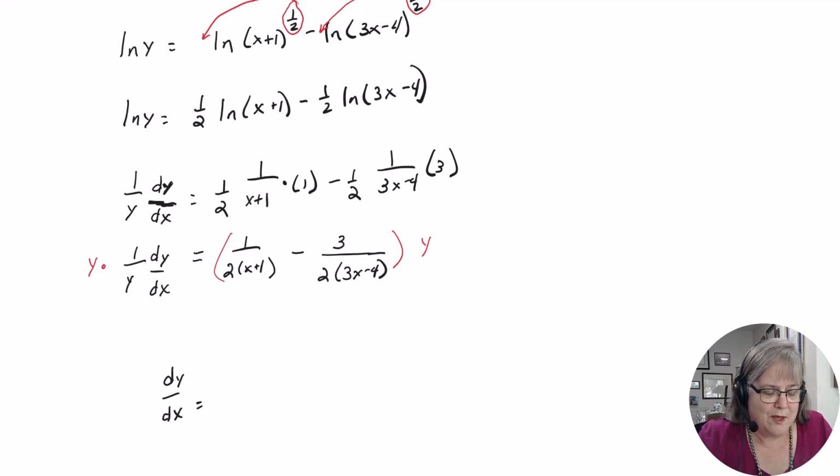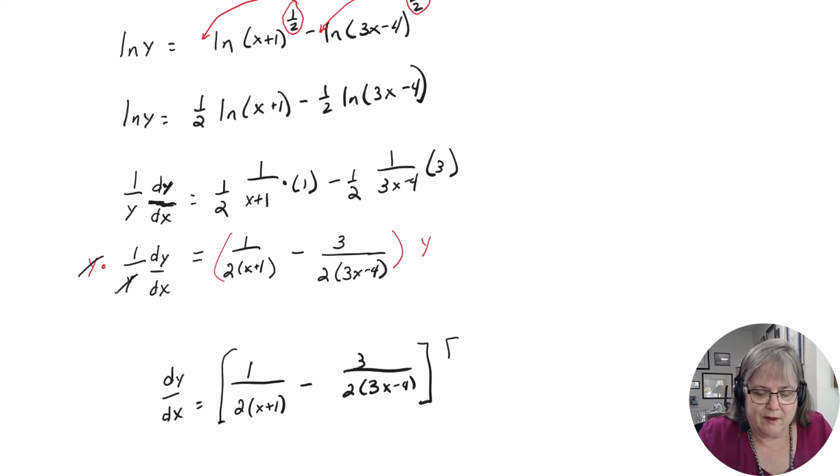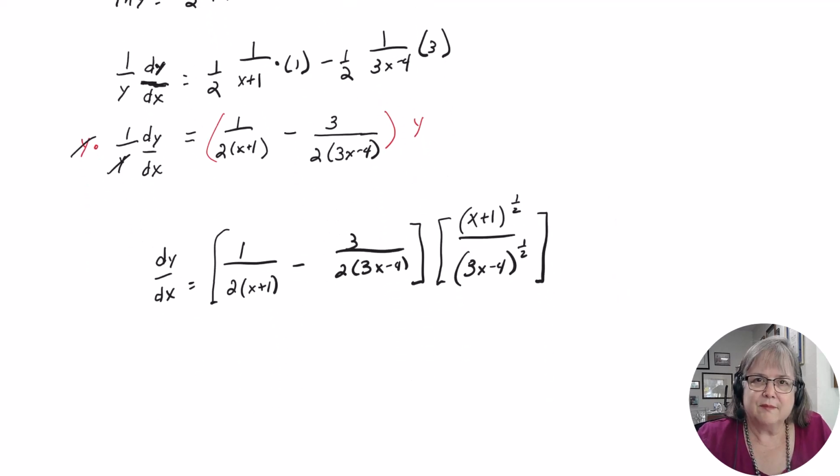So what you're going to have is 1 over 2 x plus 1 minus 3 over 2 3x minus 4. And this y is going to cancel this y. And what you'll have over here is x plus 1 to the 1/2 over 3x minus 4 to the 1/2.